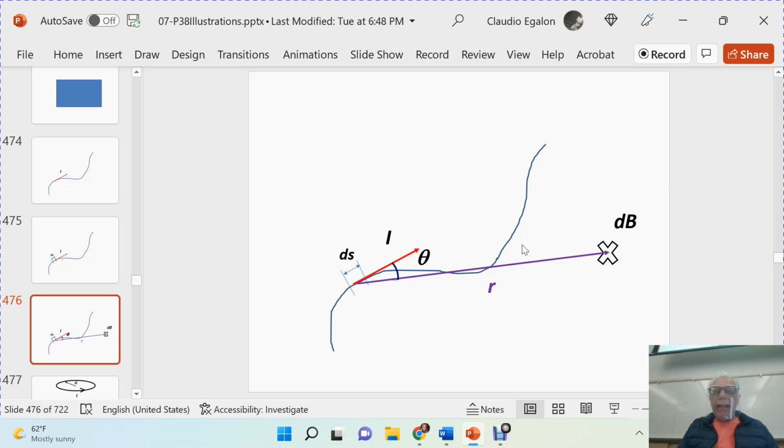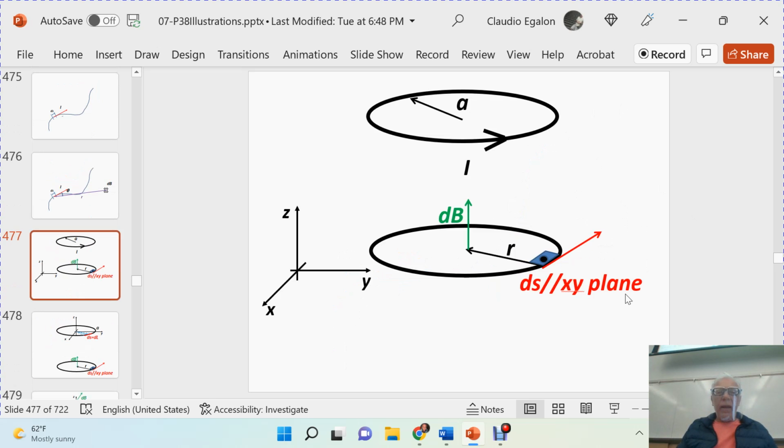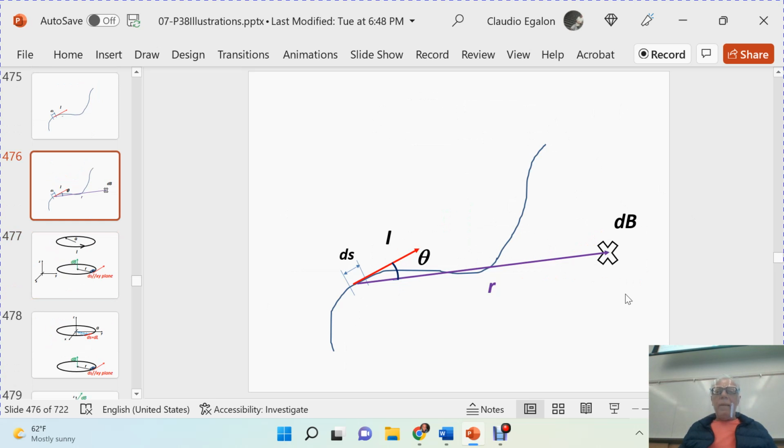But that's the magnetic field due to this infinitesimal wire only. If we integrate over the entire length of the wire, you get the net magnetic field at this spot in space.